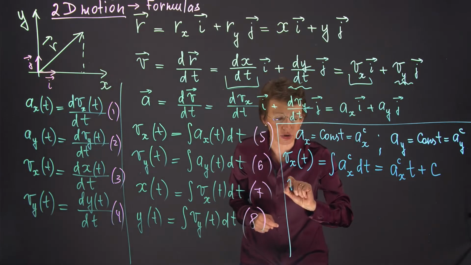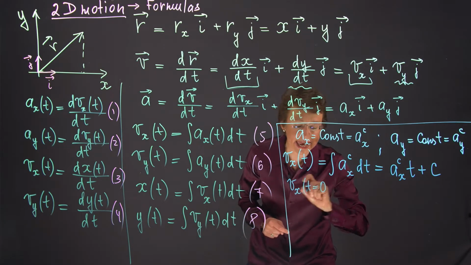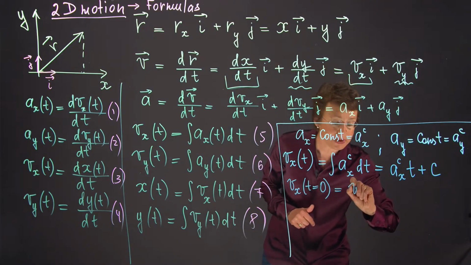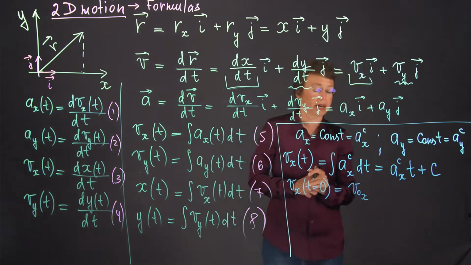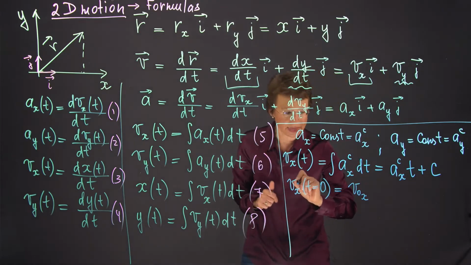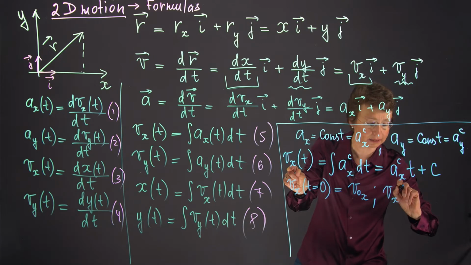So let's assume that my velocity, x component of velocity at time moment 0, was v naught x. I have to add x, we don't forget about it. So if that was the case, then what do we have? I keep going, Vx at time moment 0.